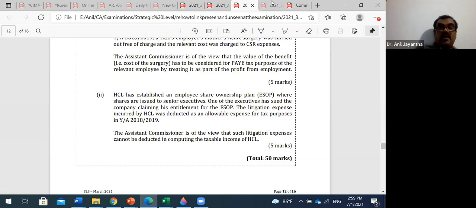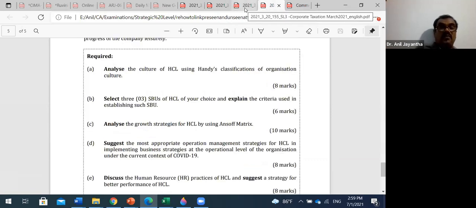So finally, quickly, now you are clear that linking pre-seen to unseen up to these 3 papers is subject specific, or within a limited scope. But when it comes to the strategic management paper, it is broader. Sometimes you have a kind of freedom of using general knowledge as well. So look at question number 1.